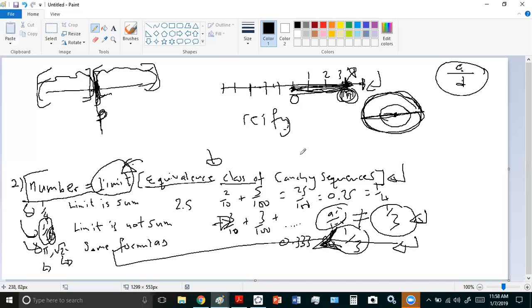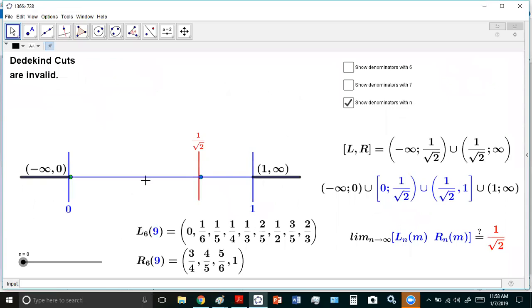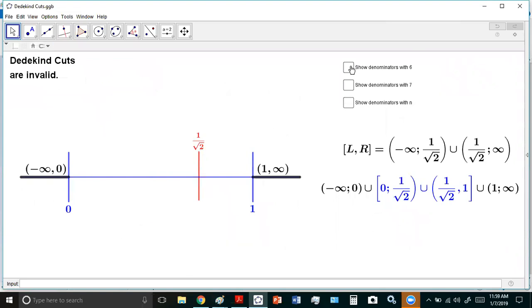That's the actual boundary. So in his stupidity, what Dedekind did was create two sets, as we see here, which supposedly sandwich this number. So 1 over square root 2 is approximately 0.707. And what he did was he said, okay, first of all, let's just get rid of that.